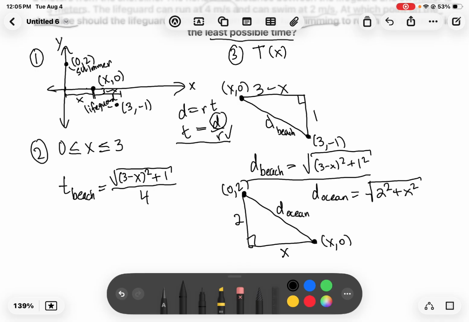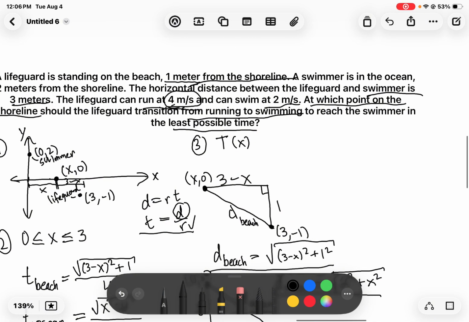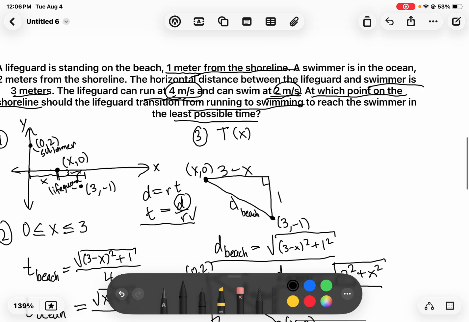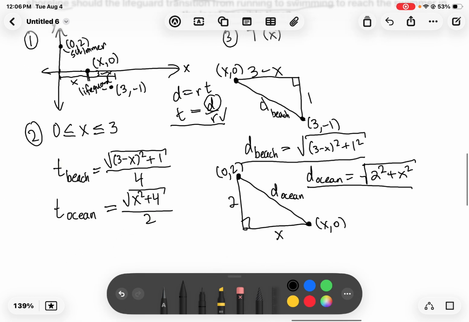Very good. Now let's find the time it takes the lifeguard in the ocean. That's equal to the distance in the ocean, the square root of 2 squared plus x squared, which I'll write as the square root of x squared plus 4, all over the rate in the ocean, which is 2 meters per second. So divided by 2.